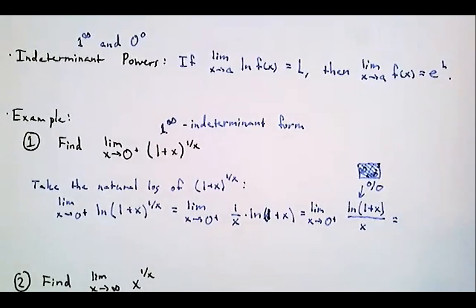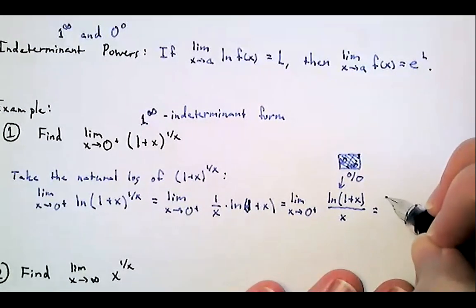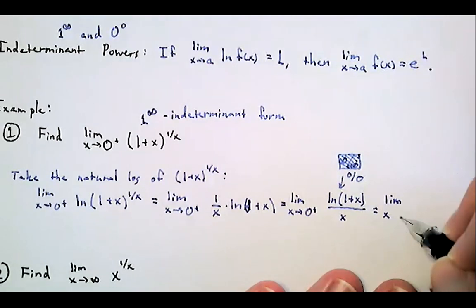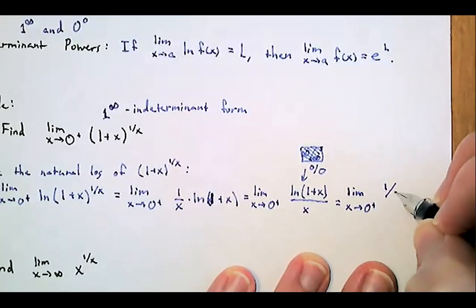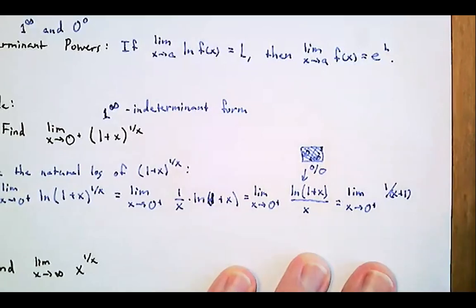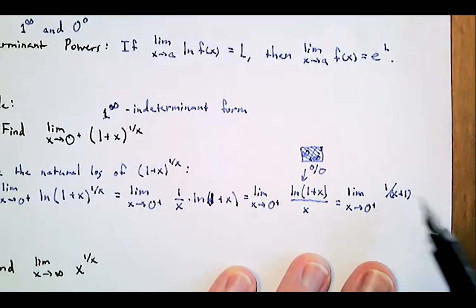The derivative of the top, we do 1 over what we find inside the parentheses. We're doing the chain rule, essentially, but only for the top of the fraction, since we're applying L'Hopital's rule. So we get a 1 over x plus 1, or 1 plus x. And then you would need to take the derivative of this guy, but that's just 1.